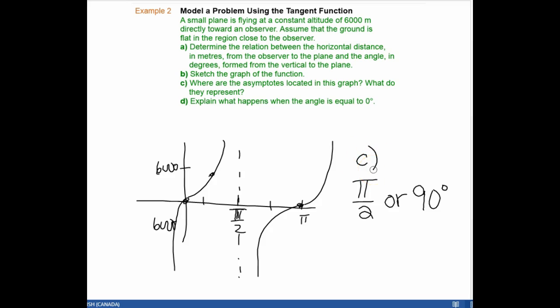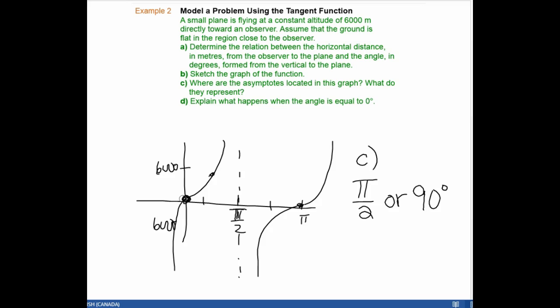And then it asks what they represent. So they're just saying this is where the plane's to the right or the left, but on the ground, so it can't be on the ground because it's flying. Otherwise, it would crash into the guy standing there. So that's why it's an asymptote. It jumps over that point.